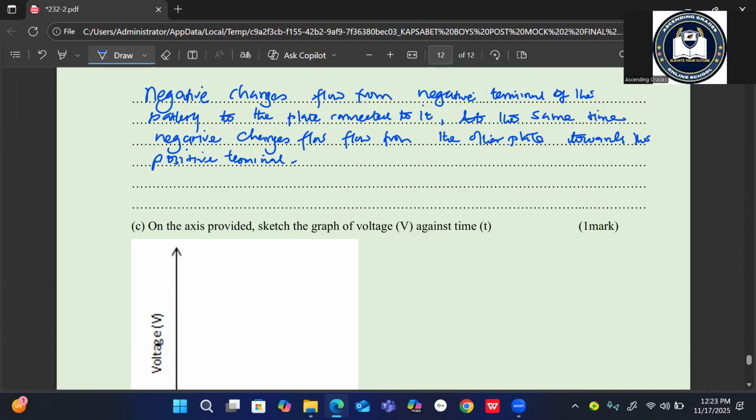At long last, equal positive and negative charges on the plates creates a potential difference.